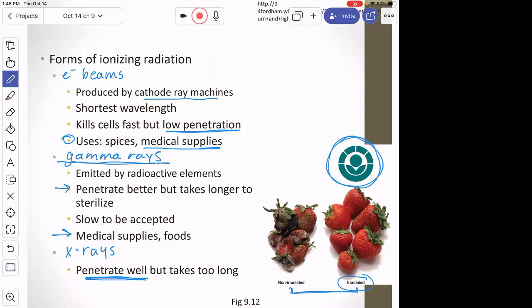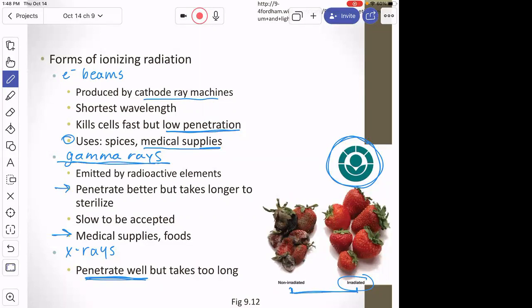The list of foods that are okay to be irradiated years ago was really small. We keep adding to that list. I think the year that we had the big outbreak of E. coli in spinach, then it became okay to irradiate spinach.